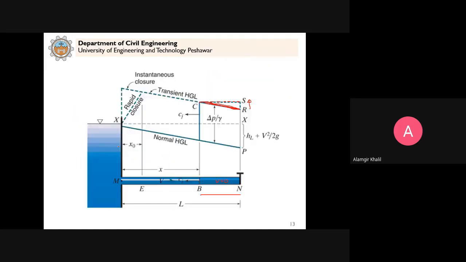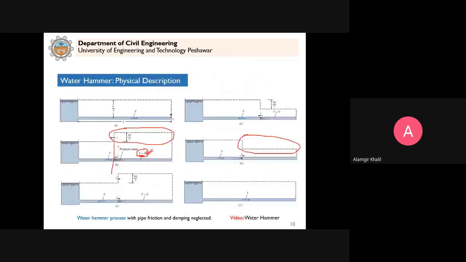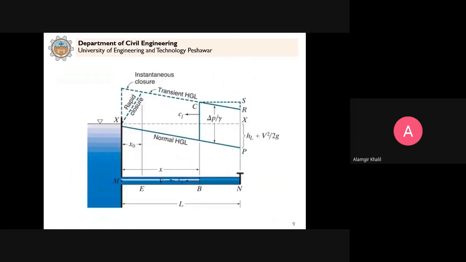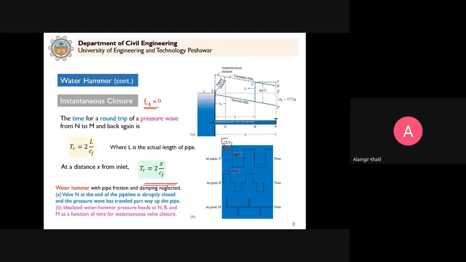If I go back and show you the diagram here, what was the duration for instantaneous closure? 2L by Cj at the valve. For how much time will the pressure remain at the high value? 2L by Cj. For this duration, the increase in pressure will remain. Clear?